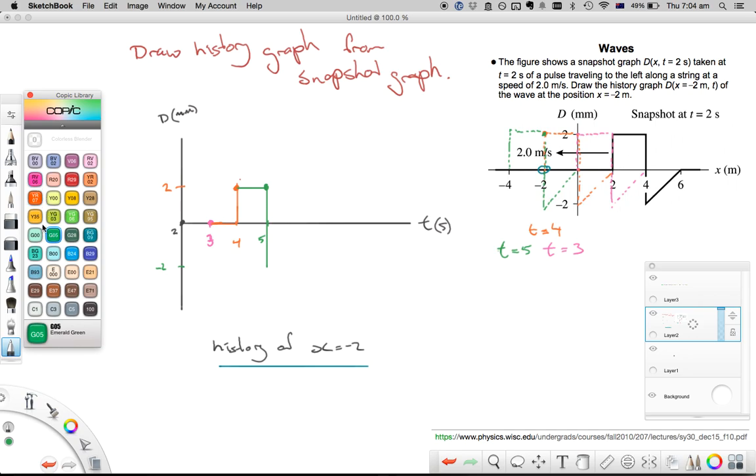And then finally, picking another color, let's extend this out a bit. At time equals 6 seconds, we know our pulse is going to move another 2 meters, so it's going to look like this.